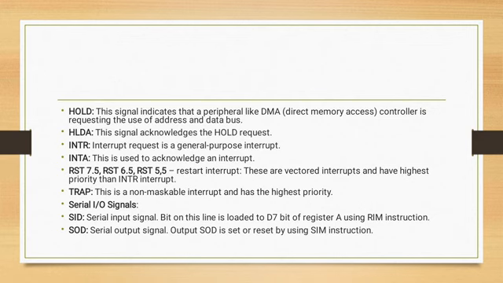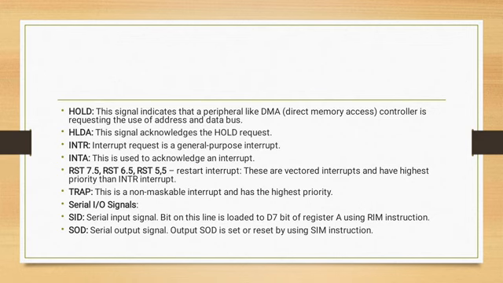Next, INTR. INTR is an input pin of the 8085 microprocessor. It is an interrupt request signal. Among all interrupts, it has the lowest priority. When it goes high, the program counter does not increment its content.